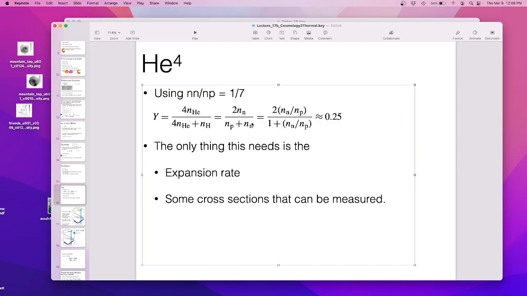Which works out to twice the neutron density over the proton density, which works out to a fraction of 1/4. So if the neutron to proton ratio is 1/7, which is what you expect at the temperature where everything freezes out, then the helium fraction should be about 25%, and it is, and that's cool. So this was a great win for the Big Bang.